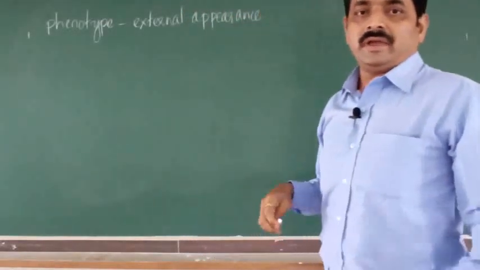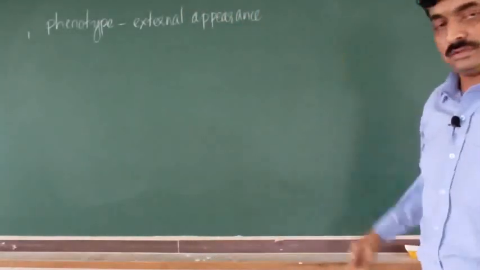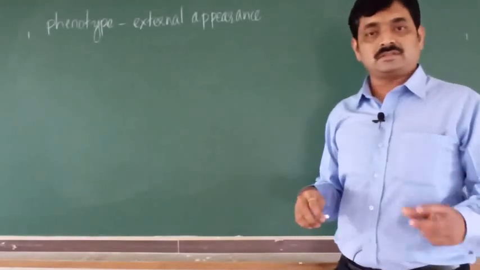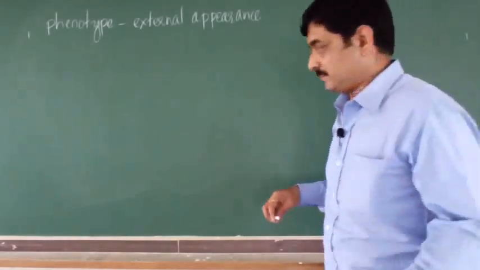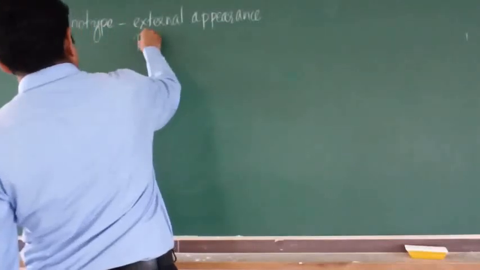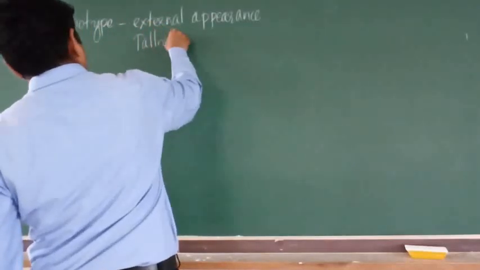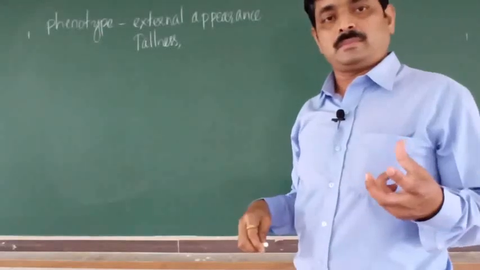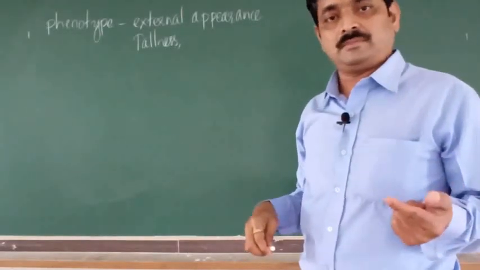Phenotype is the external appearance of organisms. So external appearance means tallness. So one example for external appearance for phenotype is tallness. Right? So the tall stem is a phenotype.